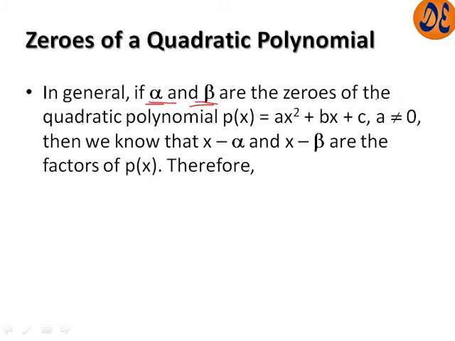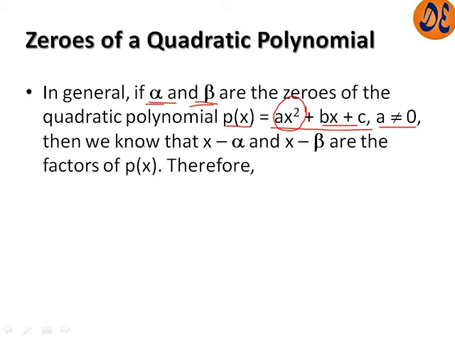So alpha and beta are zeros of the quadratic polynomial p(x). Now let us take the standard form of the polynomial. p(x) is equal to ax square plus bx plus c, where a is not 0. We will not assume a as 0, because as soon as we assume a as 0, the x square term becomes 0 and it becomes a linear polynomial only.